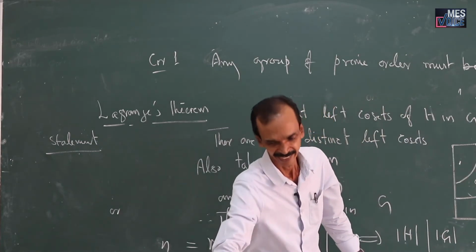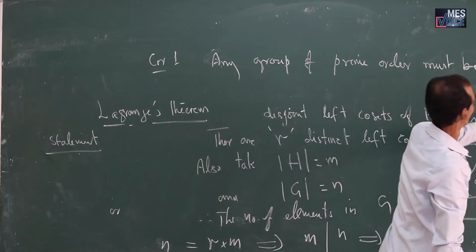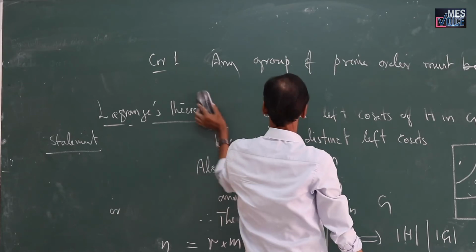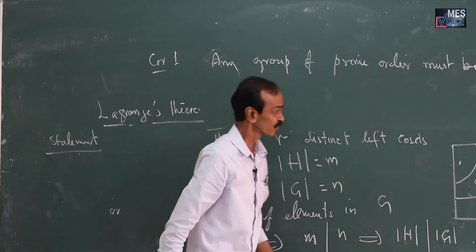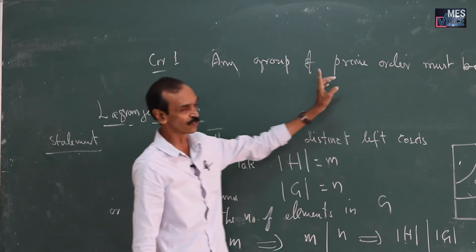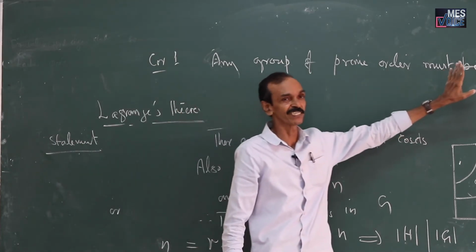It's a very interesting result, because this is an immediate application of Lagrange's theorem. So, wherever you find a group of prime order, it must be a cyclic group.